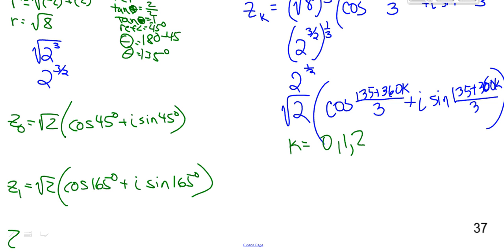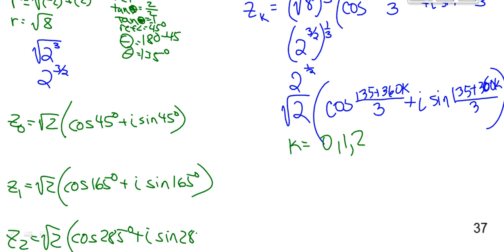And then z sub 2 will be the square root of 2 times, what is 135 plus 360 times 2 divided by 3? So 720 you're adding to 135 and then dividing by 3. 285. Cosine 285 degrees plus i sine 285 degrees.